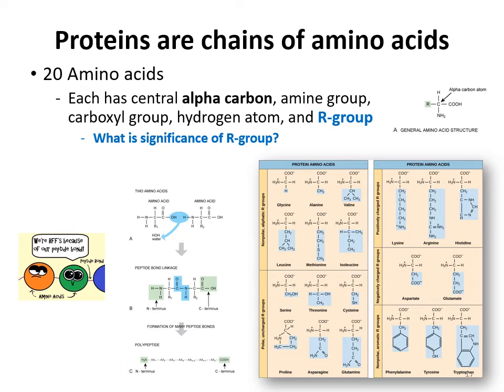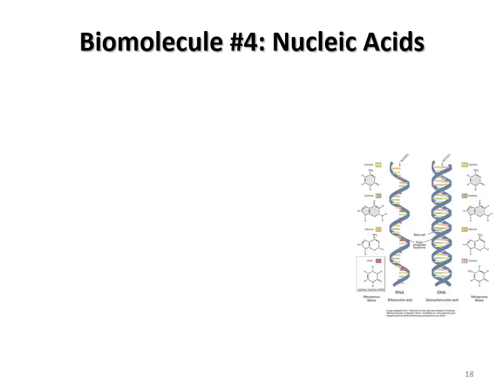Now, these amino acids are joined by peptide bonds, and again, they will be bonded through dehydration synthesis as well. So forming those bonds, you will have dehydration synthesis, which you see in this picture here.